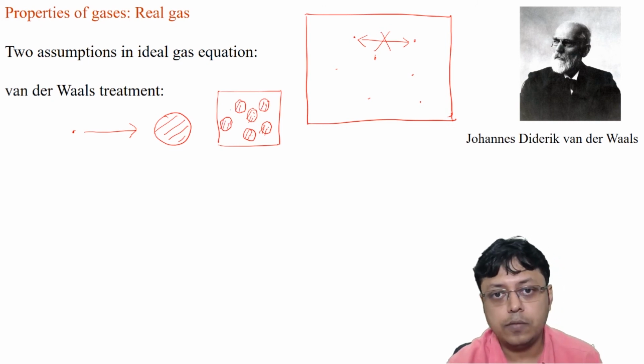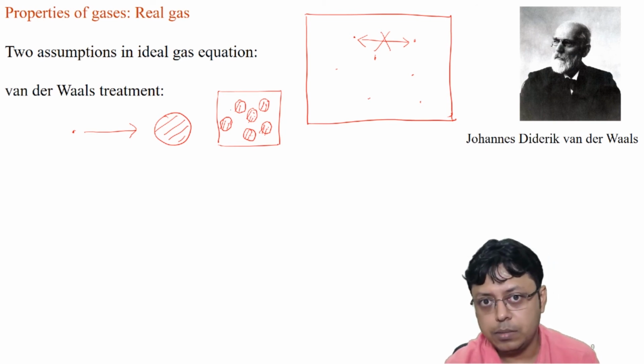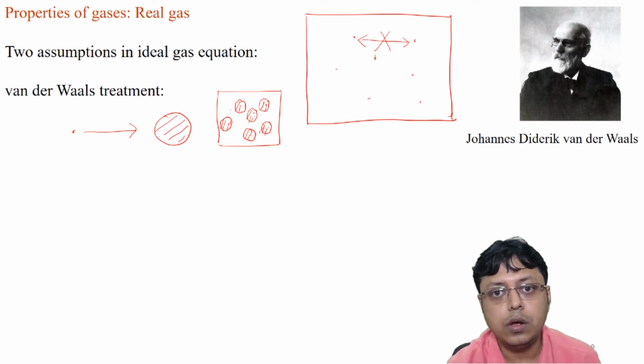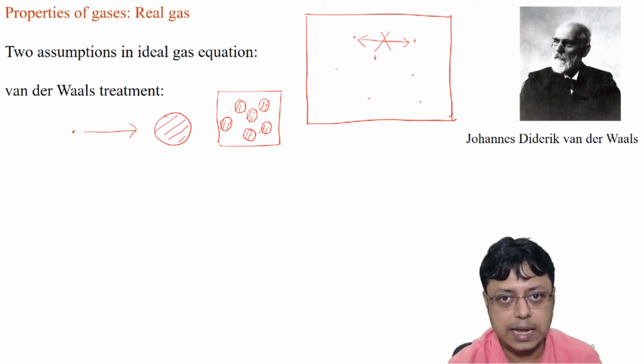Now for 1 mole of gas, the number of molecules is fixed, which is Avogadro number of molecules, and so the total volume of Avogadro number of molecules will also be constant for a particular gas.